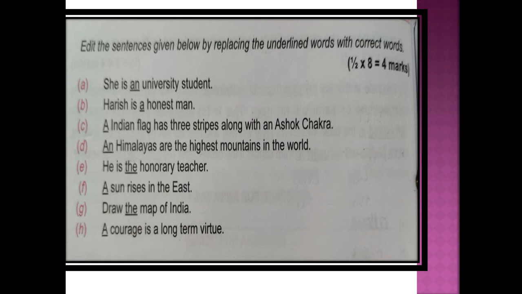The word university has letter U as the first letter, but the sound is Y, university. So she is an university student is incorrect. She is a university student. So N will be replaced by A. Are we clear? So the answer to the first one is she is a university student.